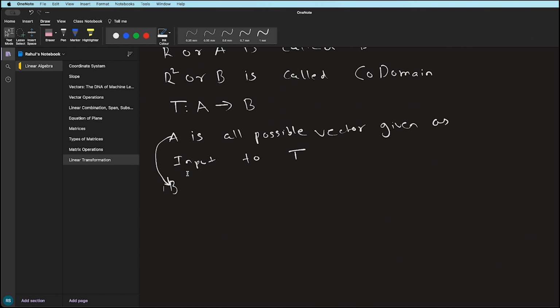Now, there is one more thing. For example, if this transformation T maps all the vectors from subset A to only the zero vector in subset B, or the R2 space.